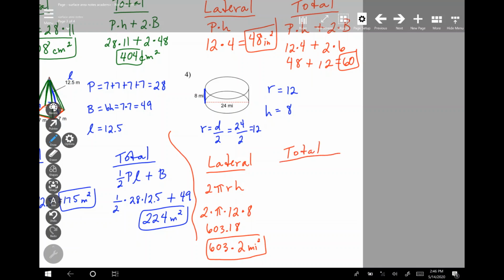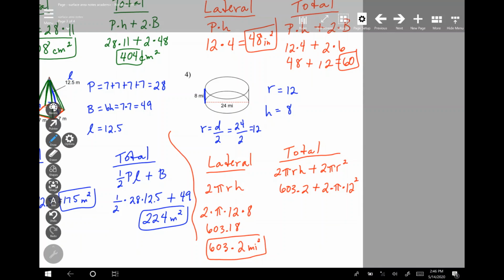Your total is the lateral, so 2 pi r h plus, and now we have to do the circle on top and the circle on bottom. So 2, and then the area of a circle is pi r squared. This first part we already know from here, so this is 603.2 plus, and then 2 times pi times the radius, which is 12, so we square it.